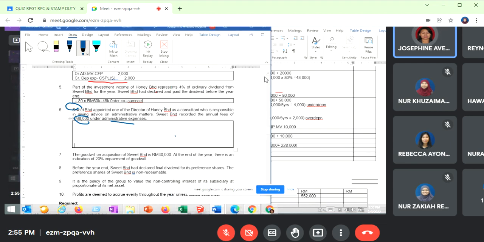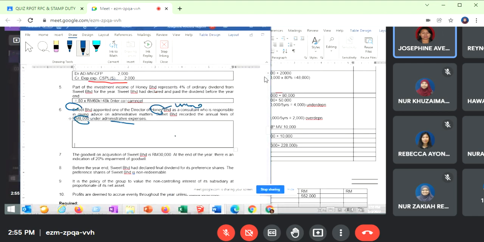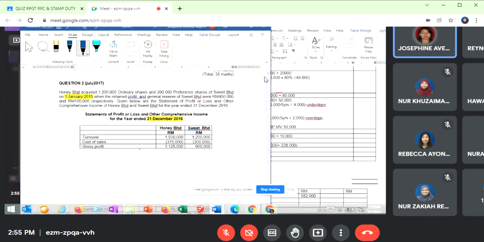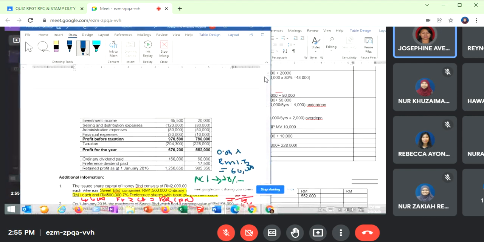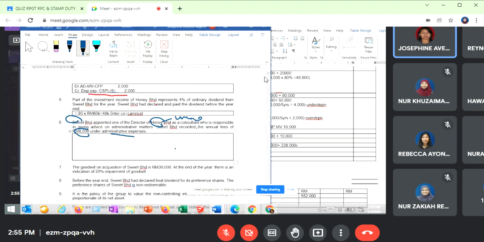As for Honey, there will be an income. Actually, it should not have been under investment income, because investment income would definitely fall under dividend. Again, this question has missed out something very important here, which is the consultancy fee.